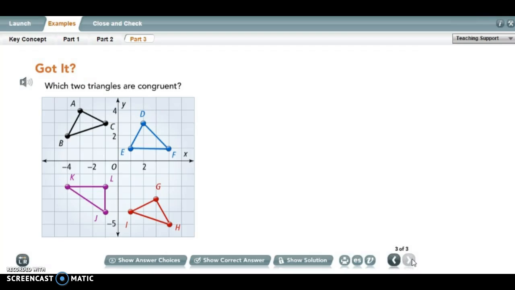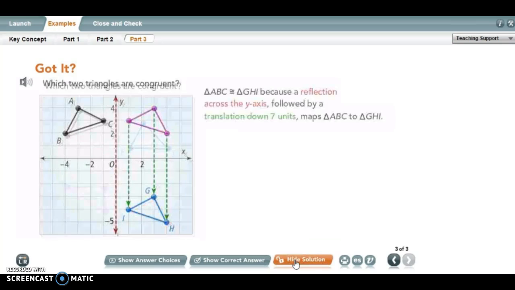Okay, the last one says which 2 triangles are congruent, which means which 2 are the same. And then we want to know, can we rotate them, reflect them, or translate them to get them to be the same. Well, this is the only one that we can do that with. So ABC and GHI are going to be the 2 that are congruent.